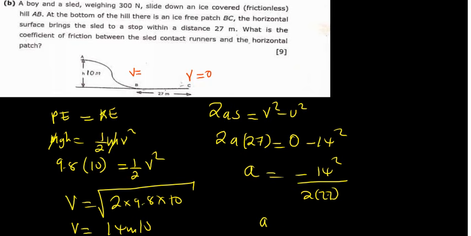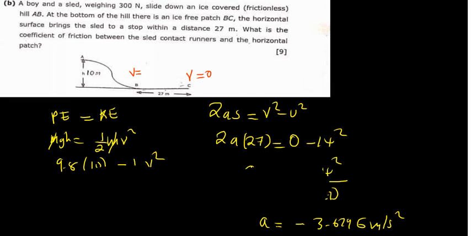So therefore a is going to be negative 14 squared divided by 2 multiplied by 27. That is going to give us a negative 3.6296 meters per second squared. This negative won't be squared because it's not part of the portion that is being squared.